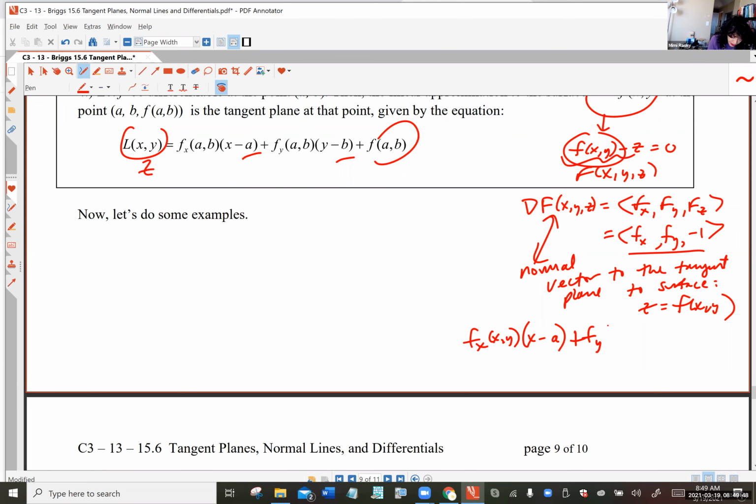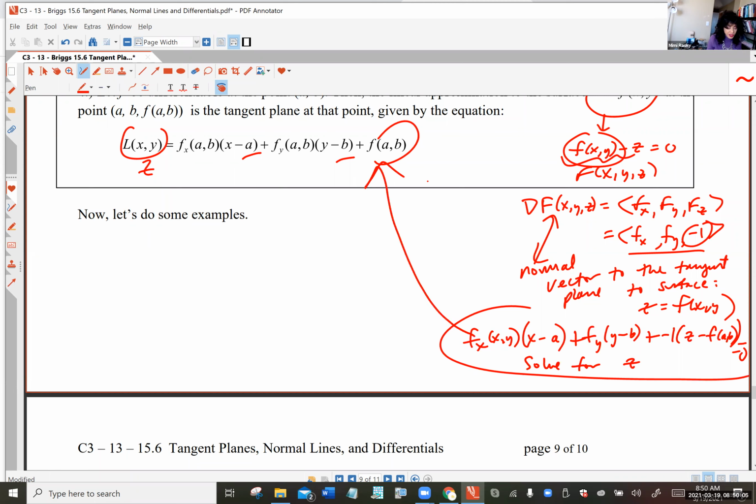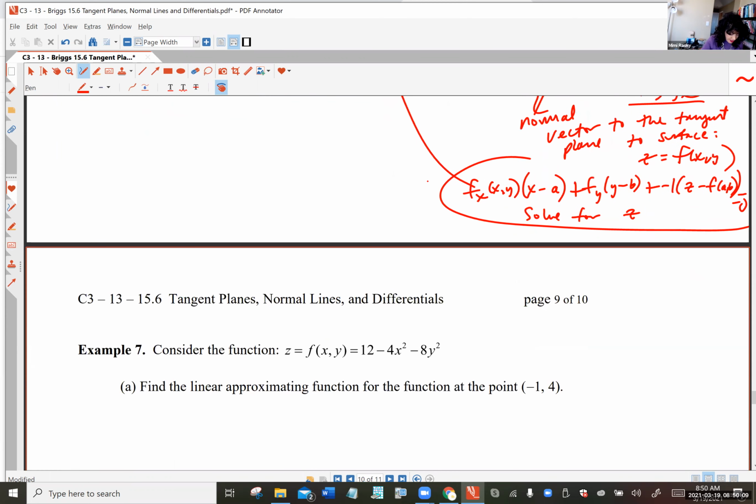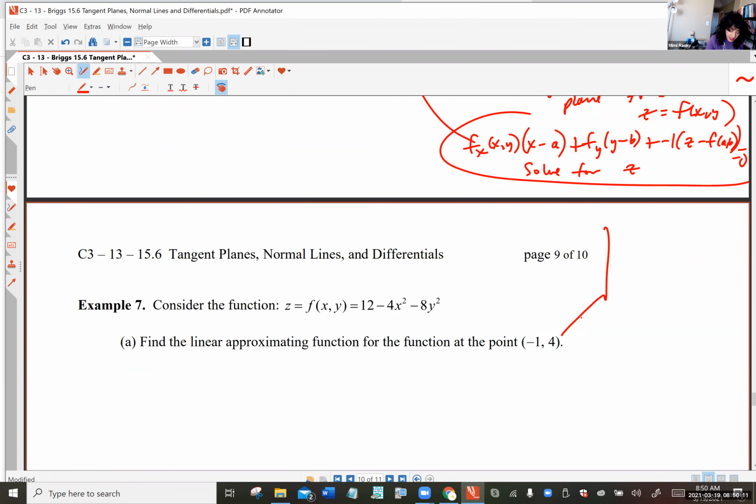You're going to do this, and then your -1, and then you'll have z minus f of a, b equals 0. And when you rearrange this and solve it for z, you'll basically get that. So it's the same as the equation for the tangent plane. And you can use the tangent plane as a pretty good approximation of your surface.